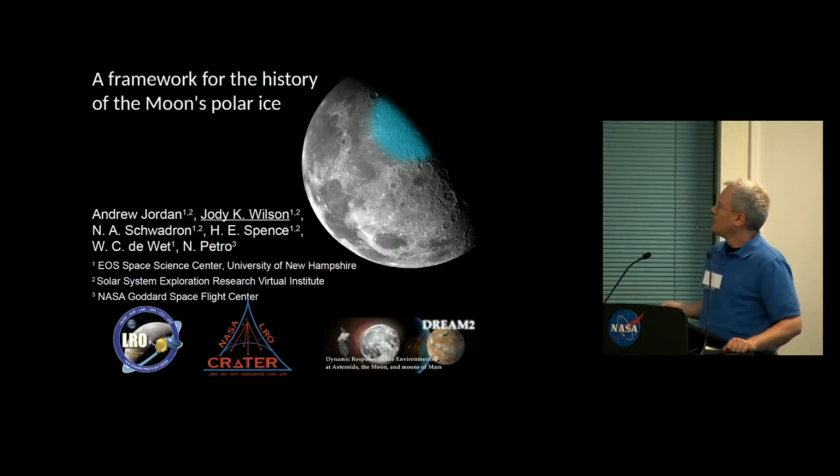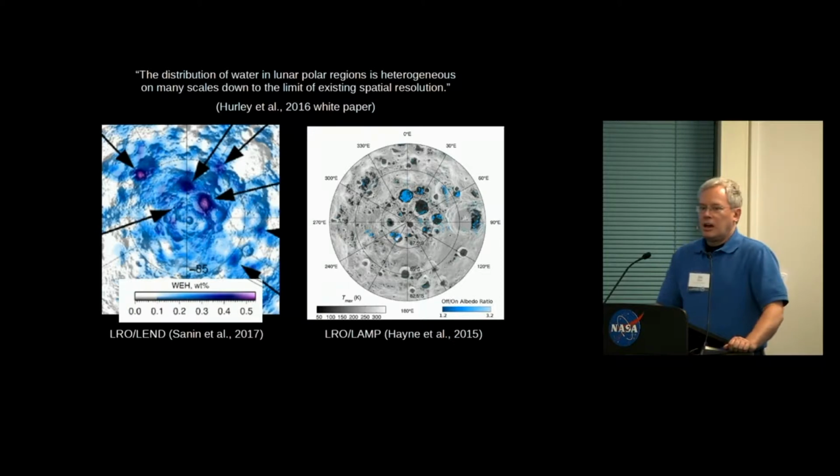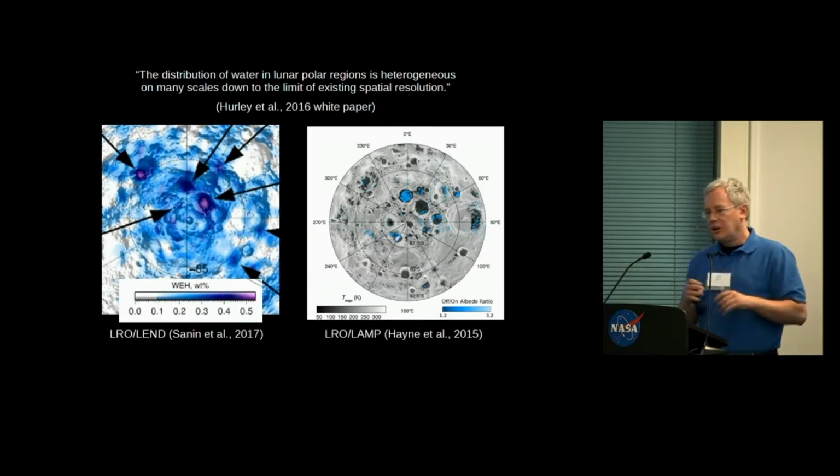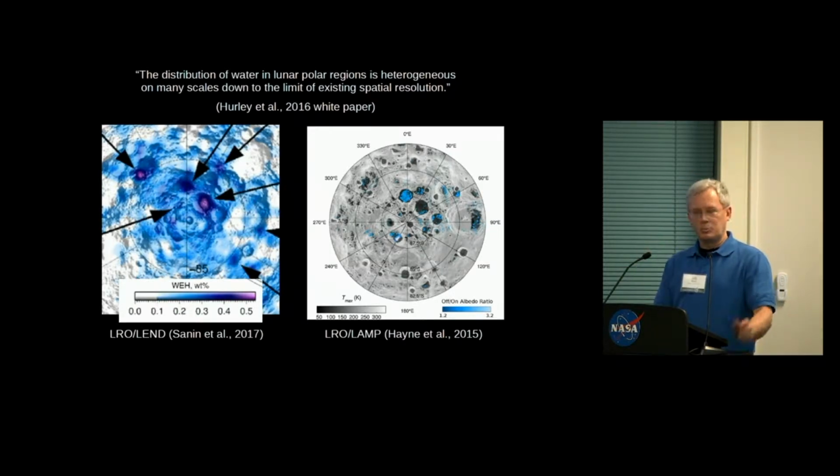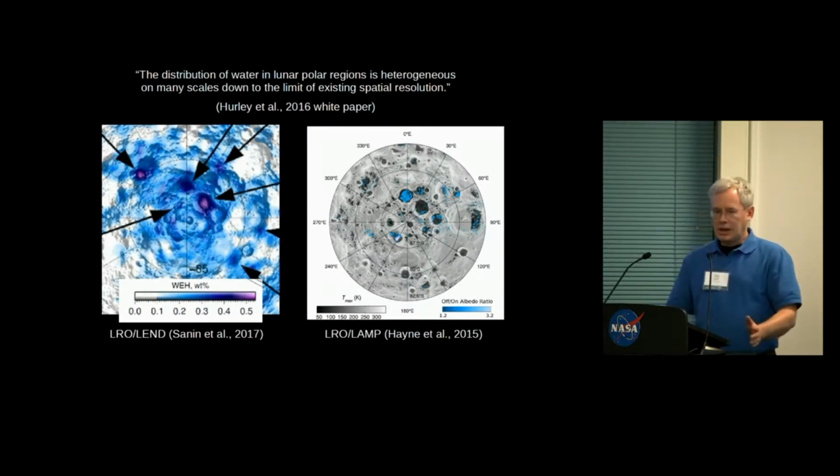I do here. I think it's fair to say that when most of us think about ice at the lunar poles, and I'm going to use ice here interchangeably with hydrogen or hydration, I'm not going to try and pretend like I know exactly what the form is, but let's say ice just for the sake of this talk. When we think of ice, we think of it in terms of a patchy distribution, it's in PSRs and not so much outside PSRs.